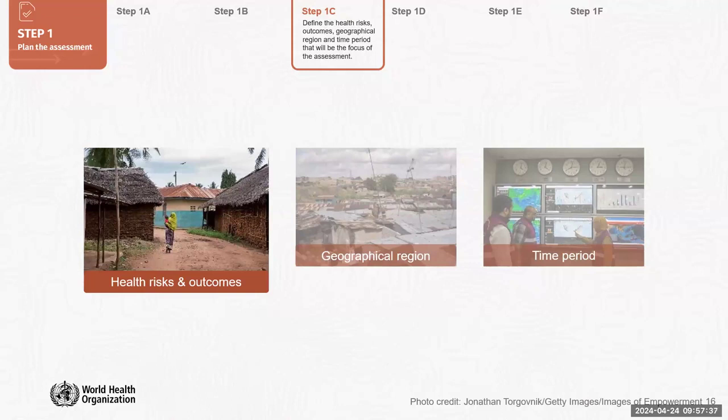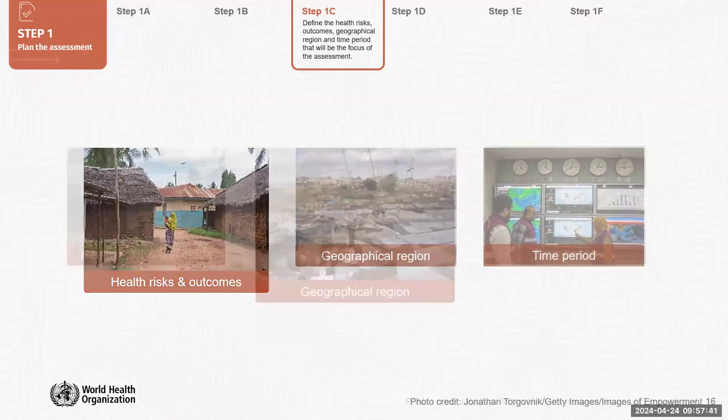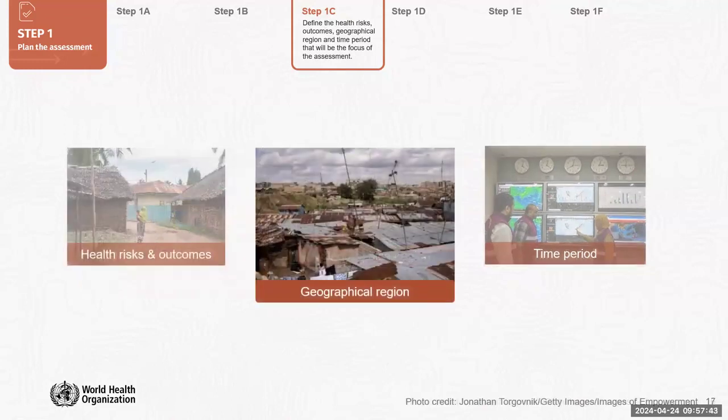When we think of geographical scales or geographical region, the next one, please, we would be thinking at whether we want to do this in a small place, the whole country, and this will depend a lot on the resources and the time frame that we have. And then we think of the time period.